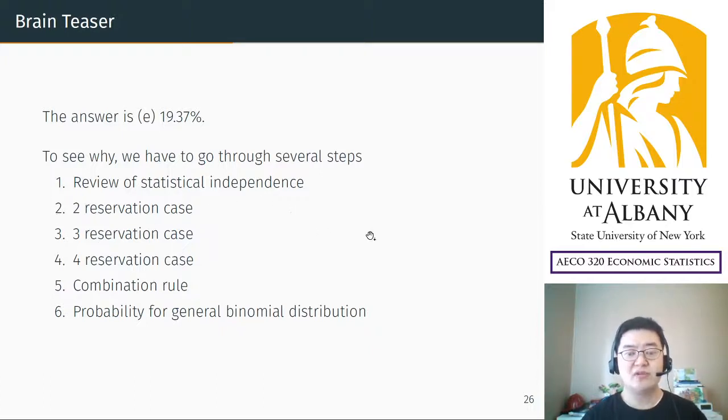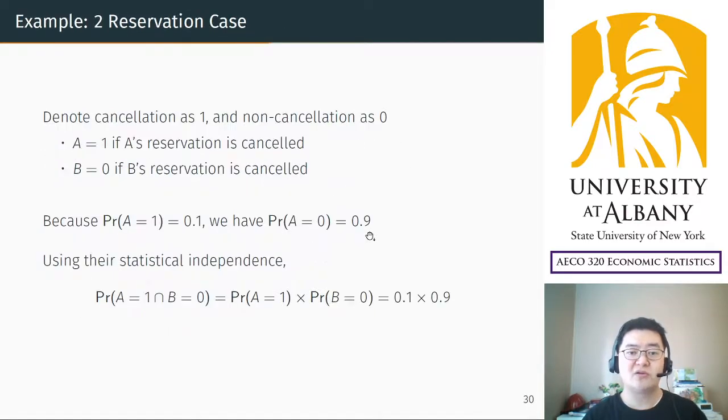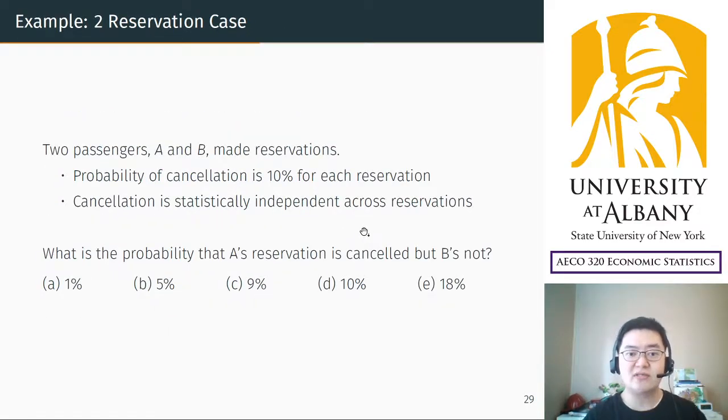Just to review, the first thing to notice is that I first asked: what is the probability that A's reservation is canceled but B's is not? There are only 2 reservations, A and B, and A canceled but B did not.